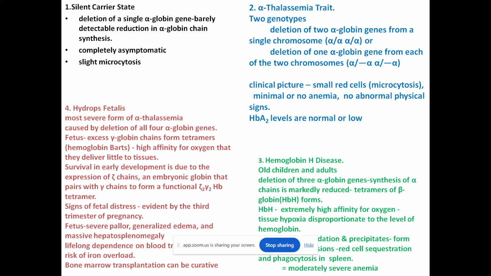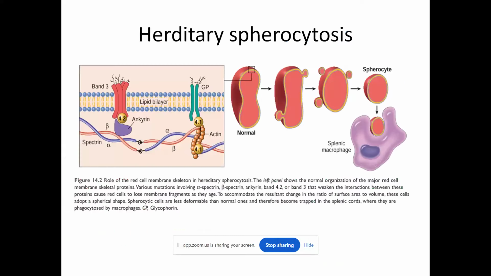The fetus will have severe pallor, generalized edema, and massive hepatosplenomegaly. All this will be seen in the fetus, and sometimes it can go for an IUD also. So this is about alpha and beta thalassemias.